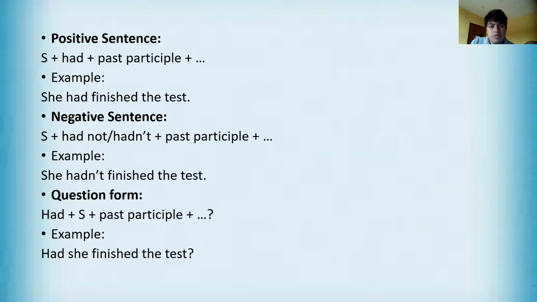We have positive. Here, we have how to form a positive sentence with the past participle. We have subject plus had plus past participle.